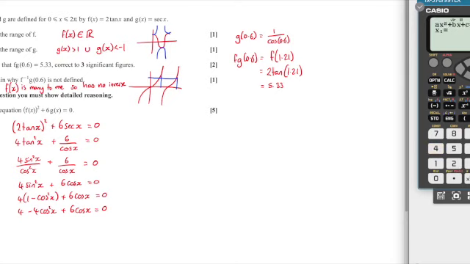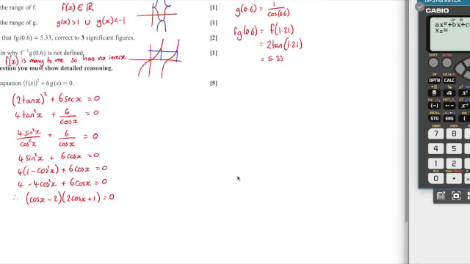I am going to get then that cos x minus 2 is a factor, and then I'm going to get 2 cos x plus 1 is a factor.